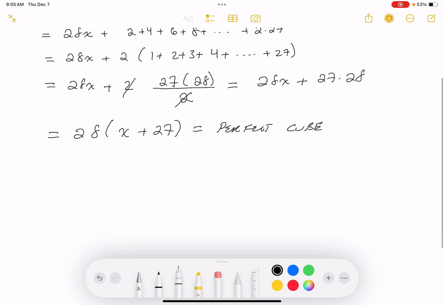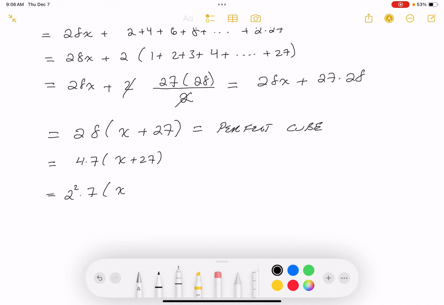Let's think about that now. 28 is going to be 4 times 7, and then x plus 27. It's a perfect cube. Looking at this, I'm seeing part of it, but not fully. I got 2 squared, and then I got a 7.